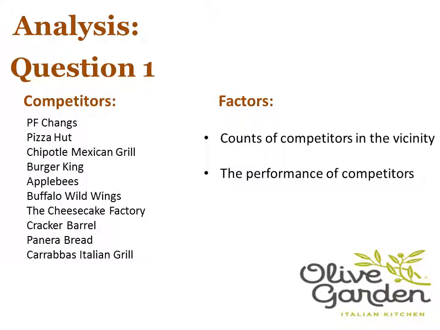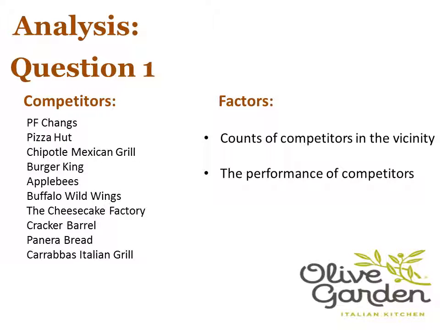So let's analyze question 1 first. When we consider competitors, we think the casual dining restaurants such as the Cheesecake Factory, P.F. Chang's, and Applebee's can be our competitors, but also the fast food companies such as Pizza Hut, Burger King, and Chipotle Mexican Grill, these can all be our competitors.